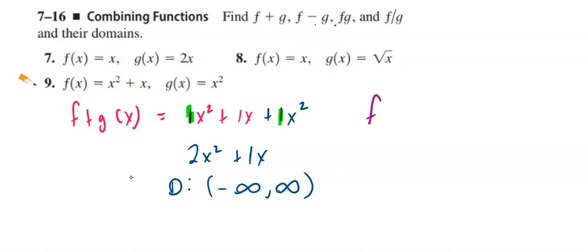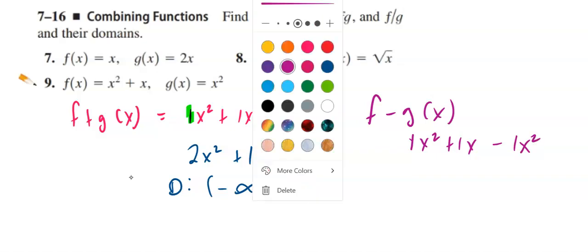So f minus g of x. Nothing's changed here. We're going to have f of x is 1x squared plus a singular 1x. Only this time we're going to be subtracting an x squared, minus a 1x squared.